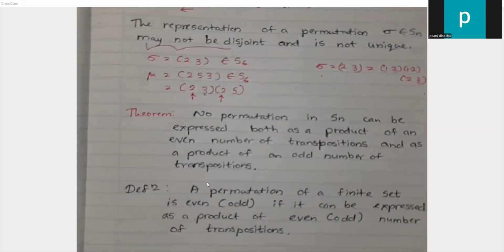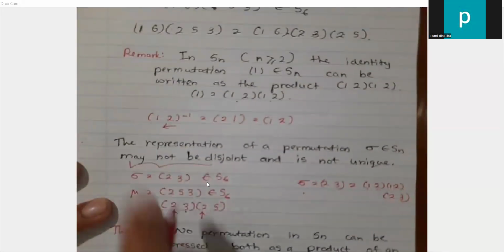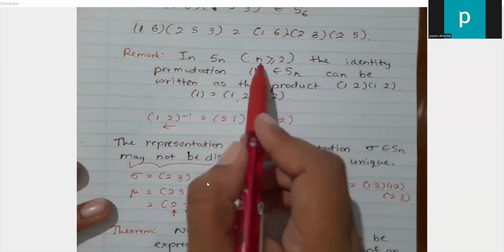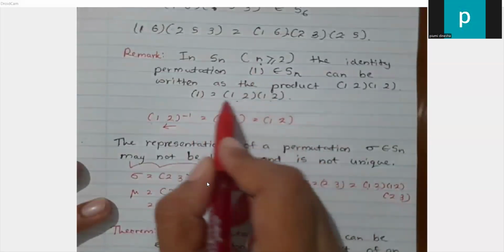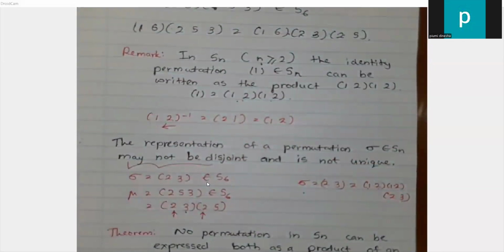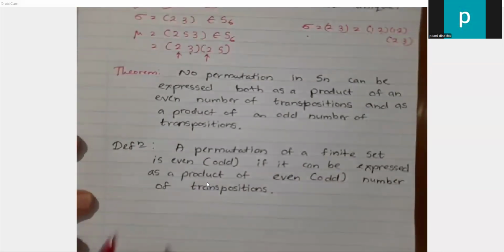Now, the identity permutation is defined to be an even permutation, even for n equals 1. For a set with at least two elements, the identity can be given as the product of these two. Because we see two transpositions over here, we can easily see that the identity is an even permutation. What if we are simply talking about S1, right?